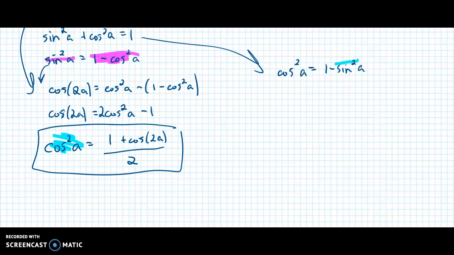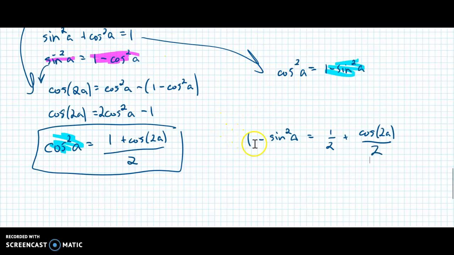This cosine squared is going to get replaced with that. So when I do that, I get 1 minus sine squared A is equal to, I'm going to write it as 1/2 plus cosine of 2A all over 2.